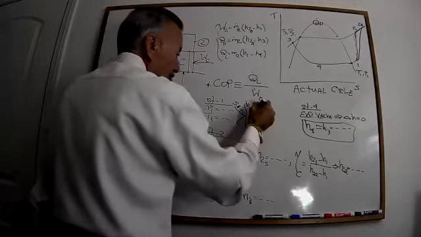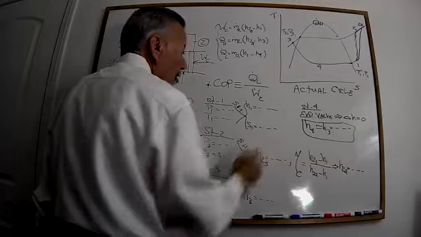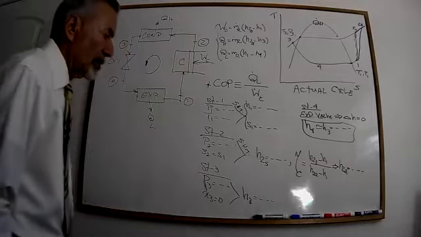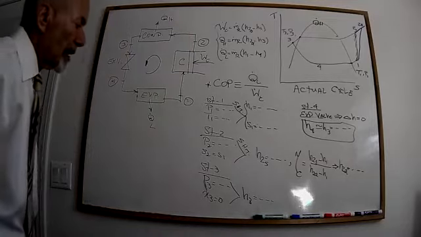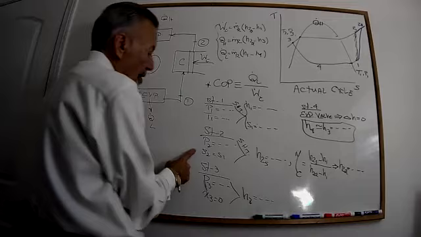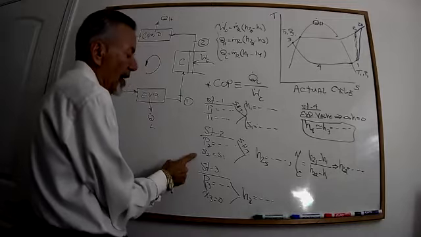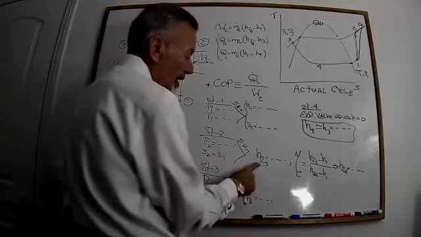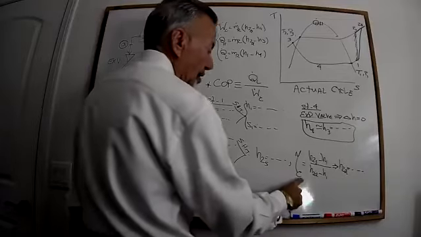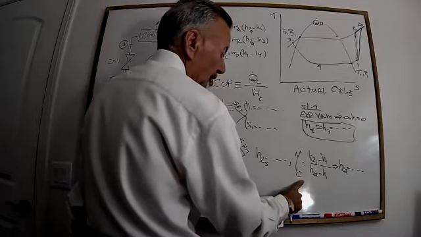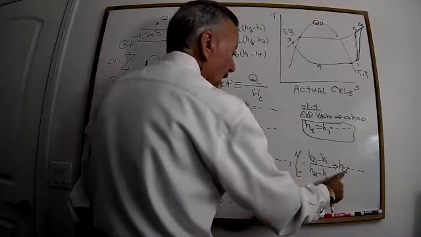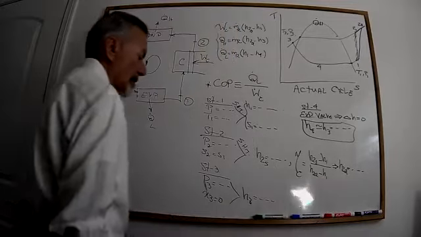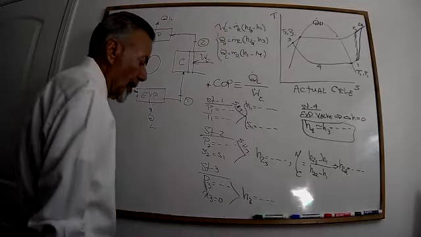It's not H of G. And that's the value of S1. At state 2, it remains the same based on P2 and S2 equal to S1. You find H2S using this, and with the efficiency of a compressor, you find the actual value at point 2.